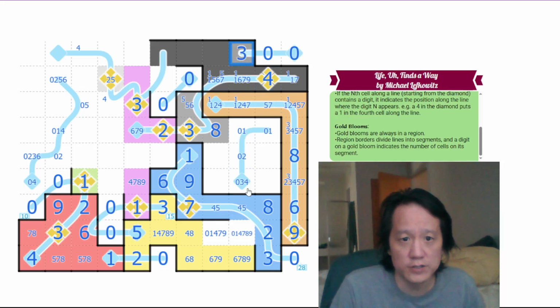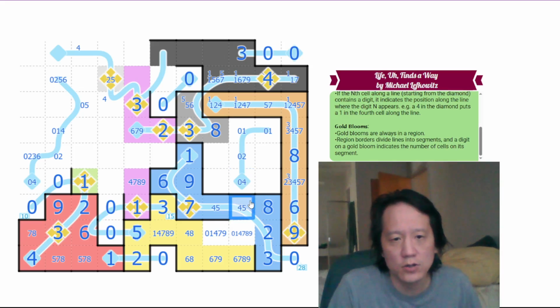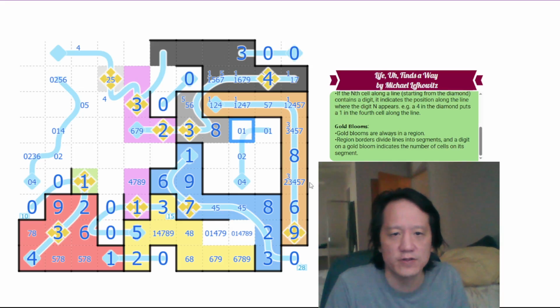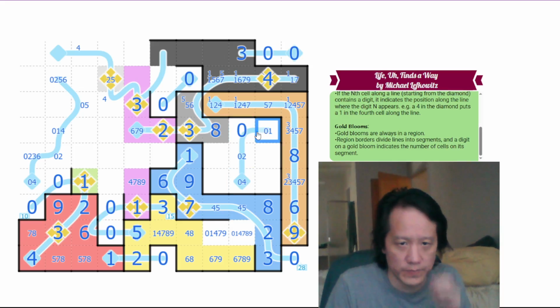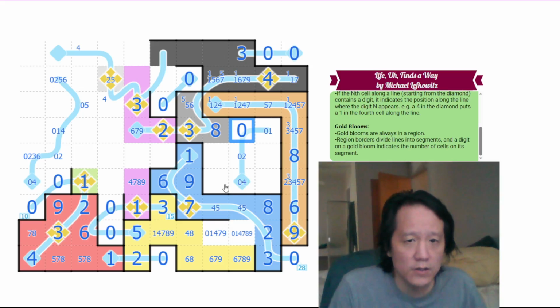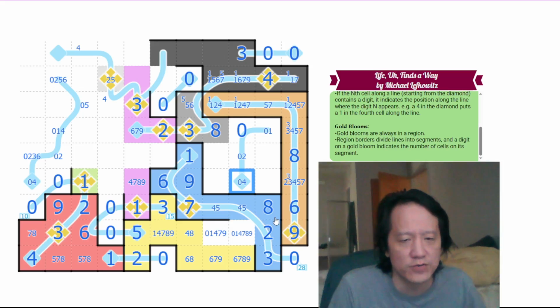This is 3, so that eliminates 3 here. So 3 cannot be on this line anymore, so this is definitely 0. If it goes here, it cannot just include that. So I think this is always part of a region here.